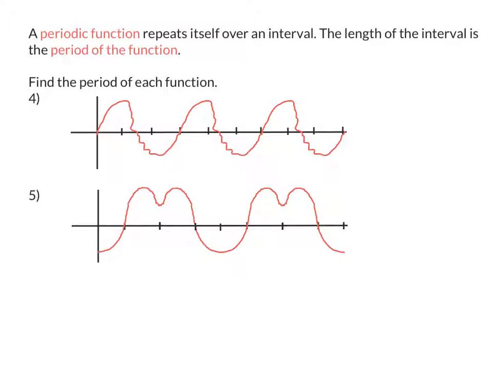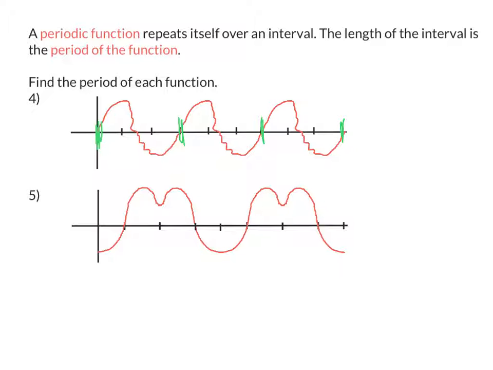Now in number 4 you can see how it really has a repetition, like a crest and a valley for each of these. And so if we look here on the y-axis and then again split it right there, that chunk looks the exact same as that next chunk there, which looks the same as this next chunk here.